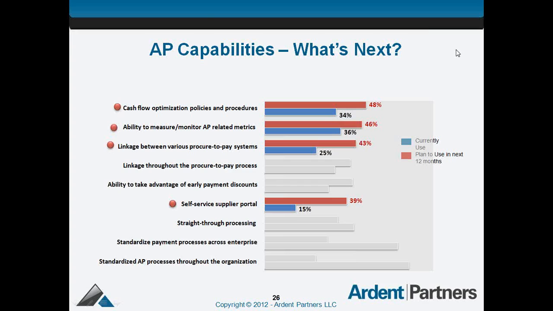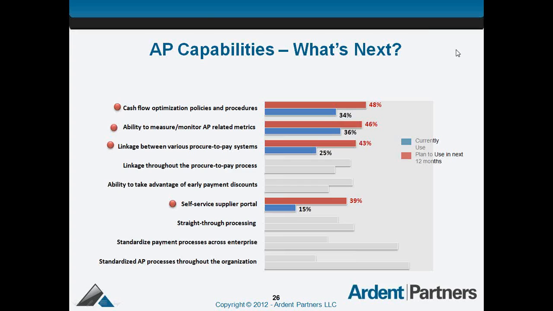And one of the key areas I wanted to highlight here is the significant interest shown in linking procure-to-pay processes and systems. This is really something that organizations have shown more and more interest in over the last few years, and from my perspective and from Ardent's perspective, it's definitely the right move.